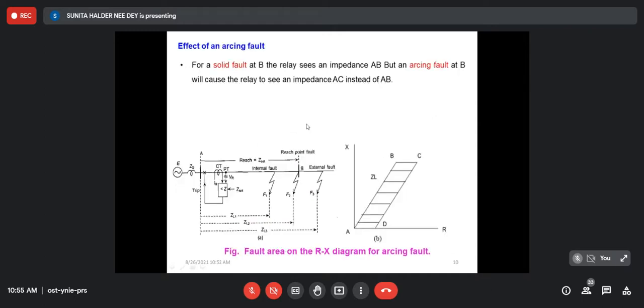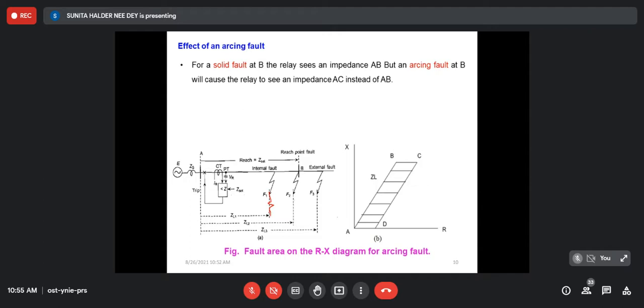Now there are some limitations of the impedance relay. What is the limitation? If there is any arcing fault, what is that arcing fault? We know that a fault means the fault point will be directly shorted to the ground. But it may not happen. In the shorting path, there may be some resistance.